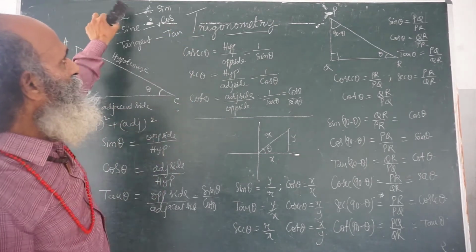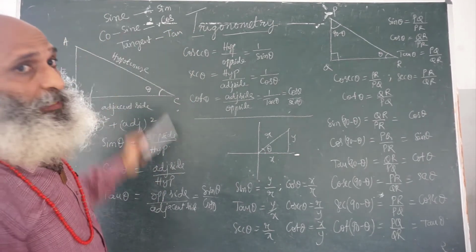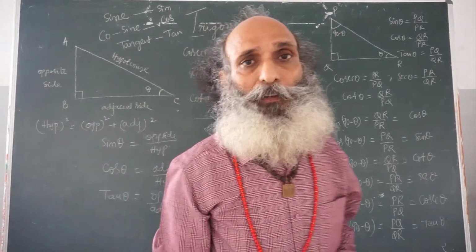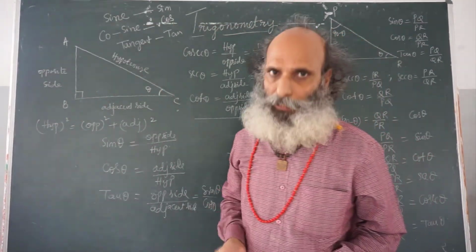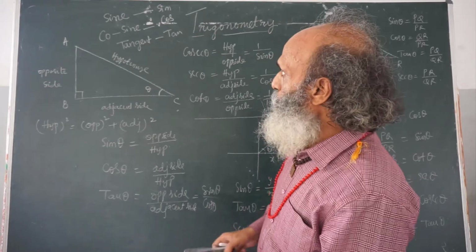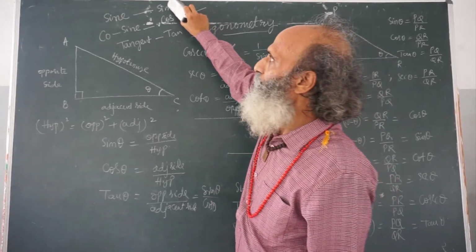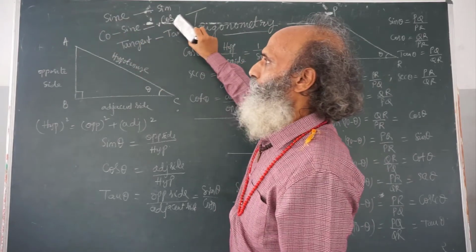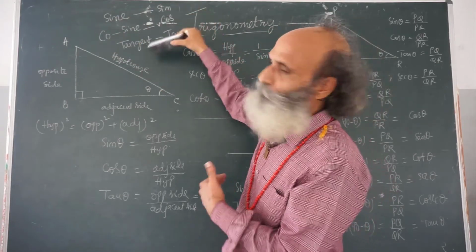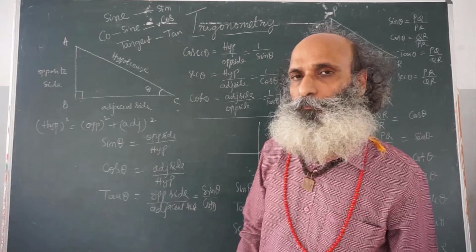For tangent there is a cotangent. For secant there is cosecant. But the most important ones are sine and cosine. These are the 2 important. All the remaining are the derivatives of these.